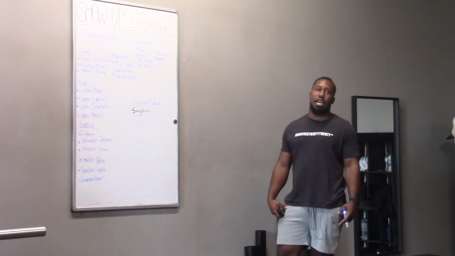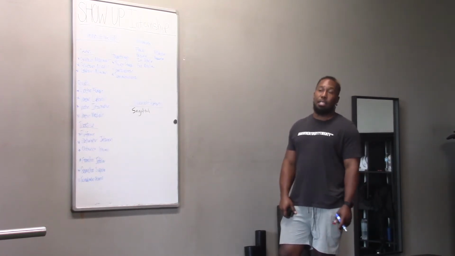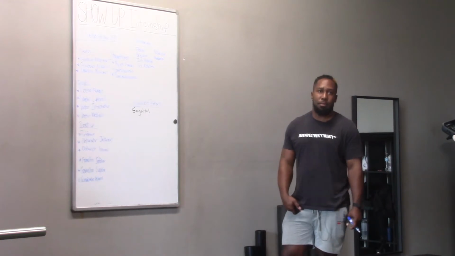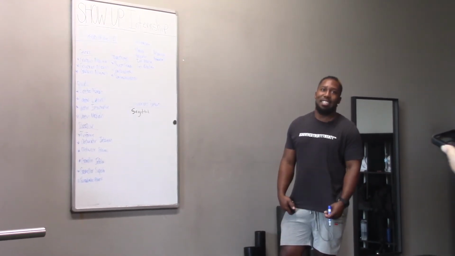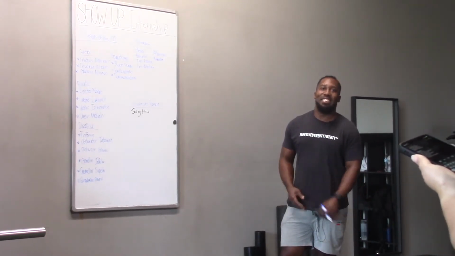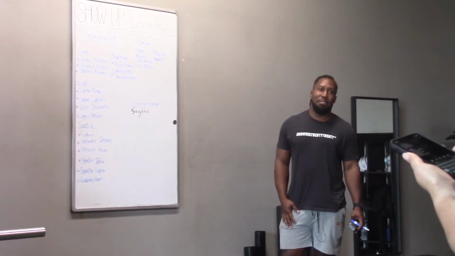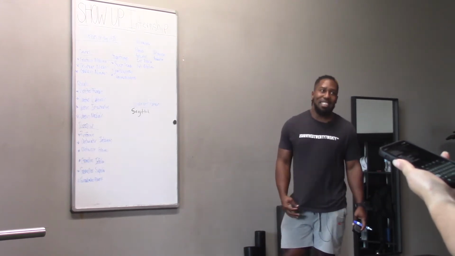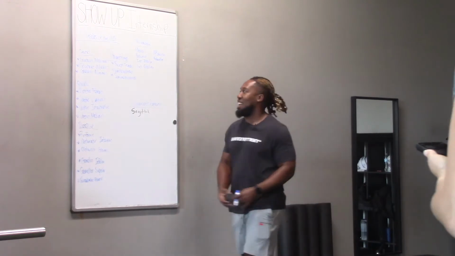Does anybody know the other name this muscle group is commonly called? It starts with a P, but doesn't sound like it. Yeah, exactly. So we have our psoas group.